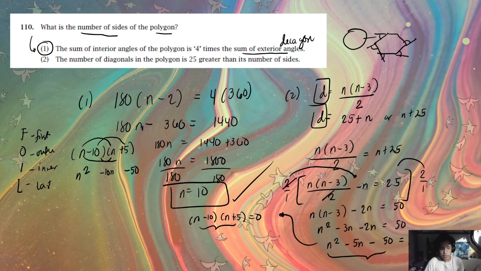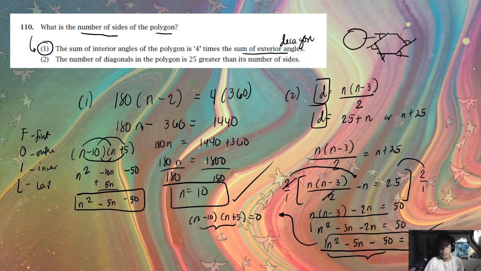And then the last terms, negative 10 times 5, so this should be negative 50. So negative 10n plus 5n should give you negative 5n. And then we have your n squared minus 50. So since this trinomial is identical, it's just the same as this trinomial, there you go. So they're the same, and therefore you're 100% positive that these are the binomials for this trinomial, and we can find the roots of this.